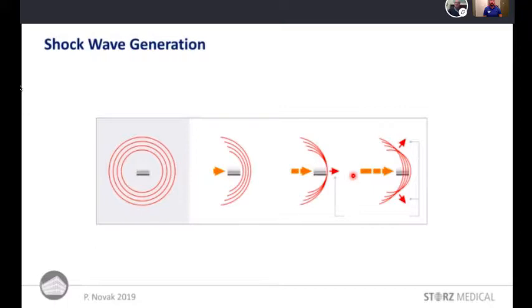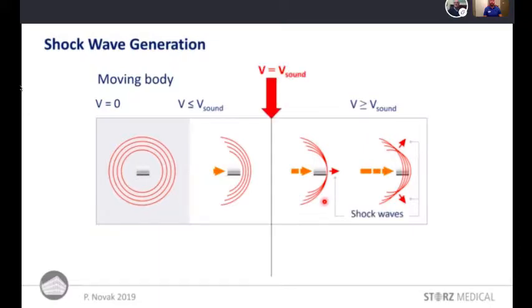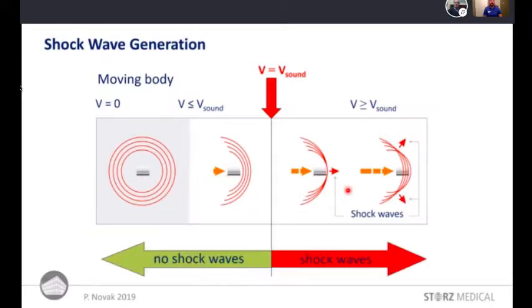And it can be seen here. Here the body is at rest. Here it is moving, and this velocity is smaller than the velocity of sound. And finally, on the right side, the speed is higher than the velocity of sound. And thus, you can see here, a shockwave is generated in the front. And if it's even faster, there are two shockwave fronts leaving from this moving body.